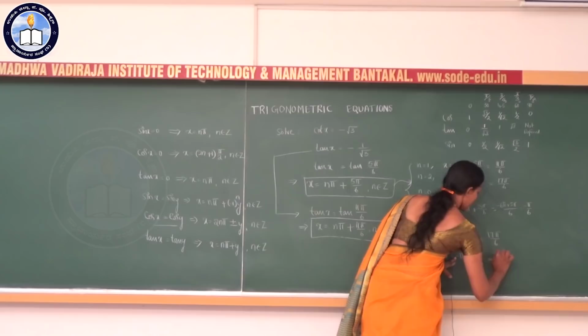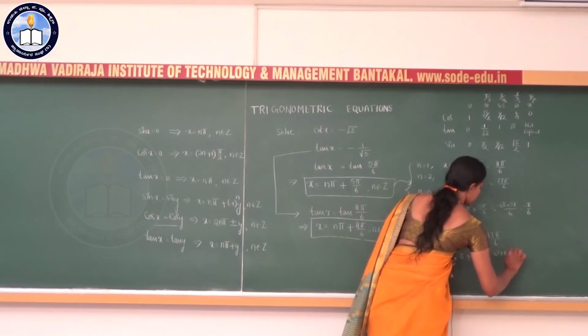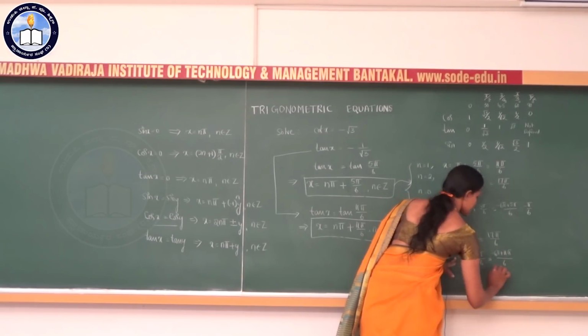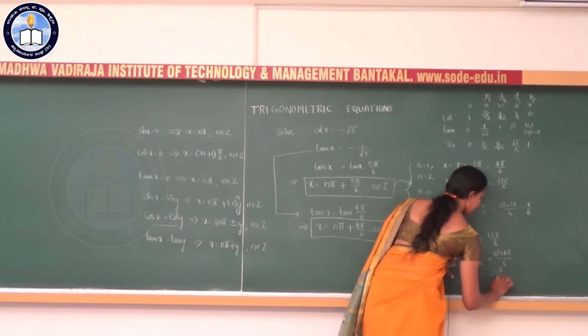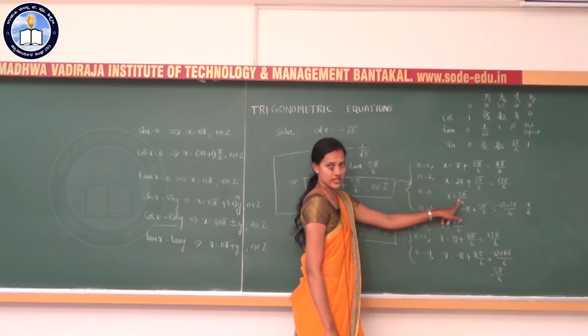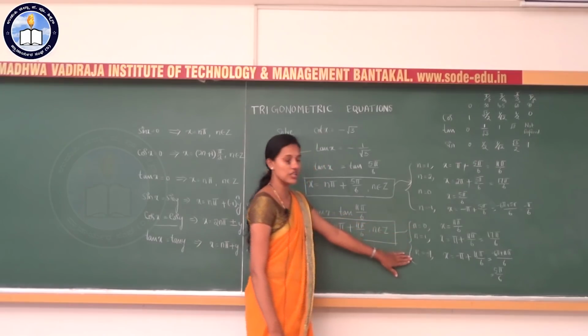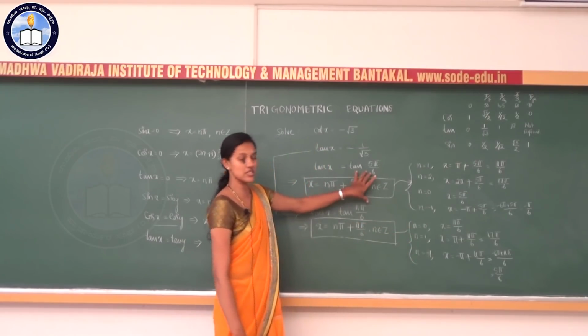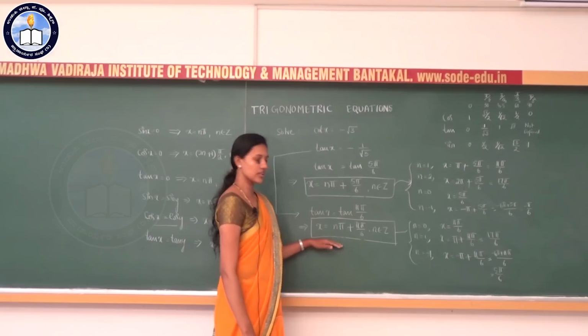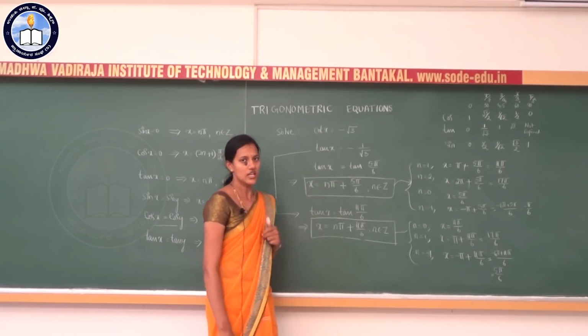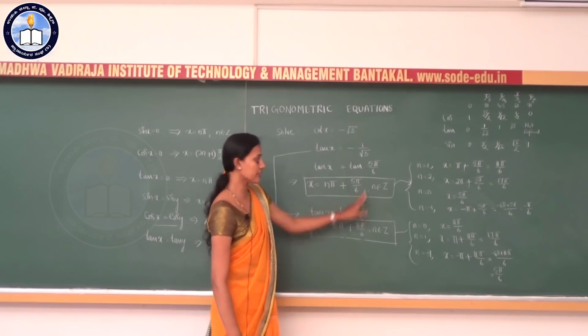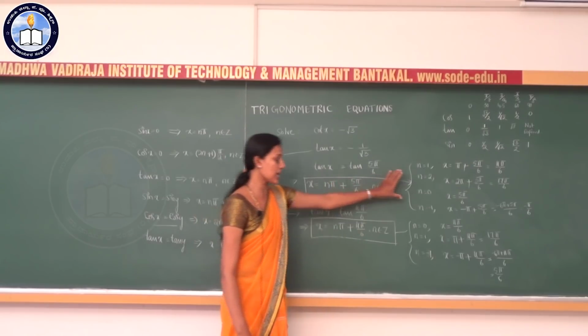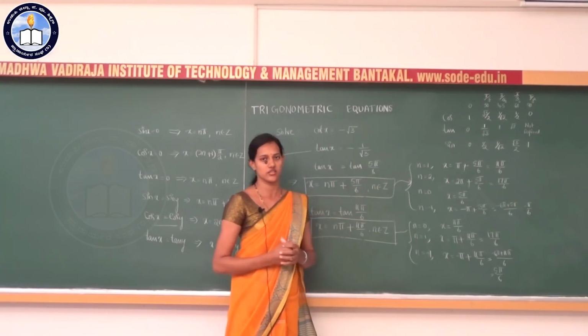Minus 6 pi plus 11 pi divided by 6, which is nothing but 5 pi by 6. So by giving different values for n, we get the same set of solutions, either in the first expression or in the second. So they may look different, but they represent the same set of solutions.